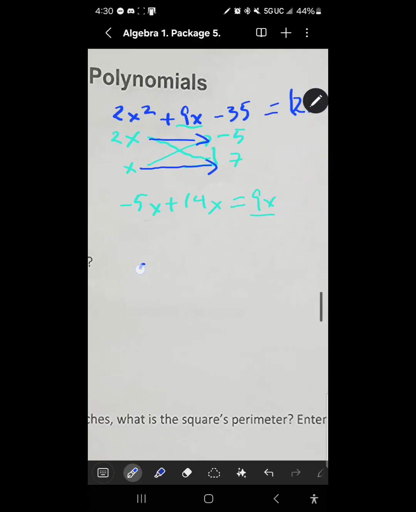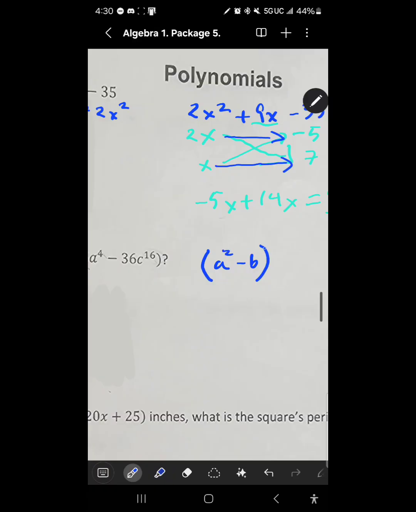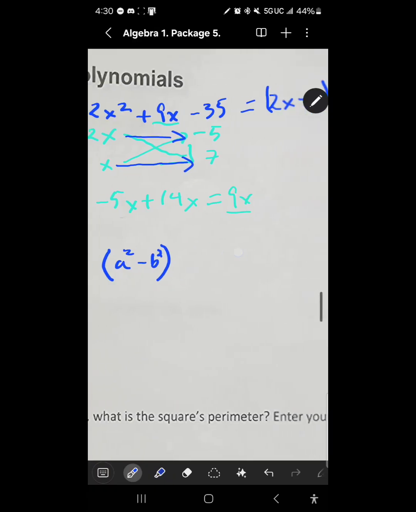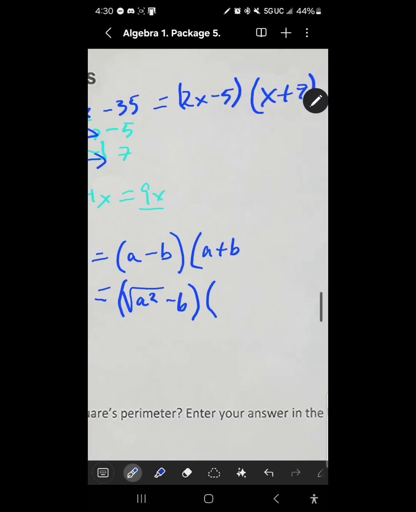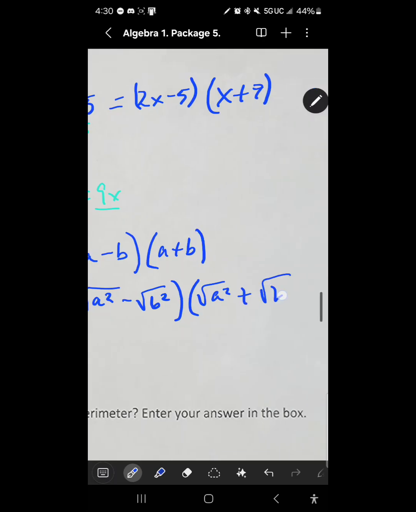For example, I have a squared minus b squared. This is the base one. This is going to be equal to a minus b times a plus b, which is the same as saying the square root of a squared minus the square root of b squared, times the square root of a squared plus the square root of b squared.